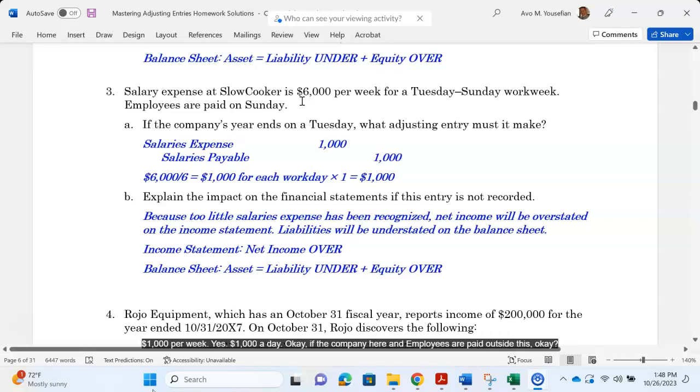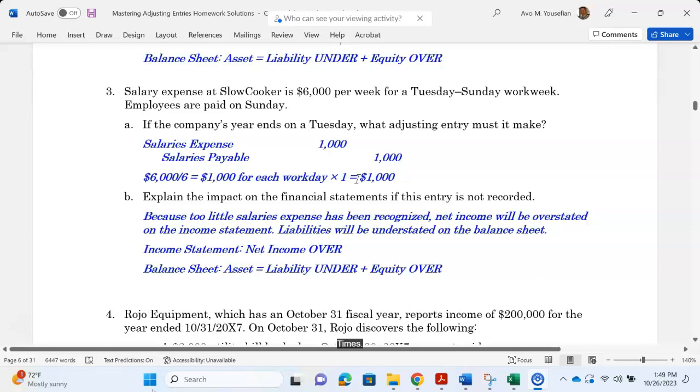$1,000 per week. That's $1,000 a day. If the company's year end is on Tuesday and employees are paid on Sundays, that means Monday and Tuesday, nothing has been paid. So 6,000 divided by 6 working days, that's $1,000 a day.